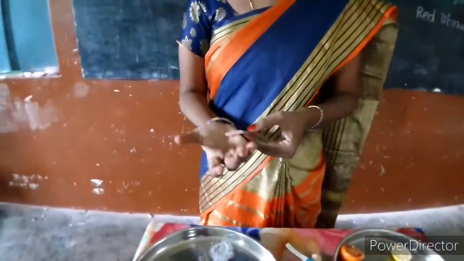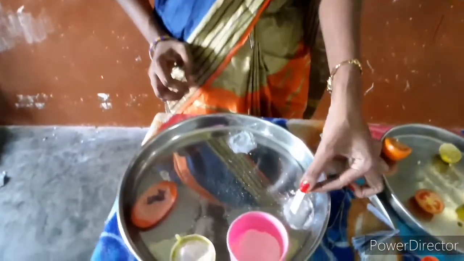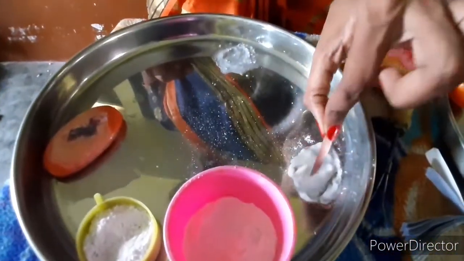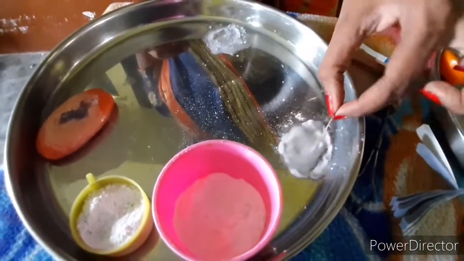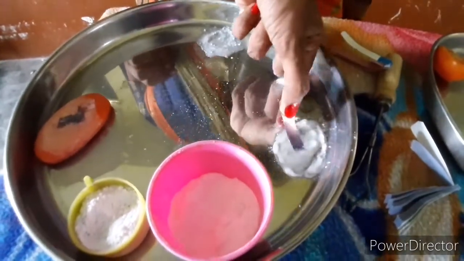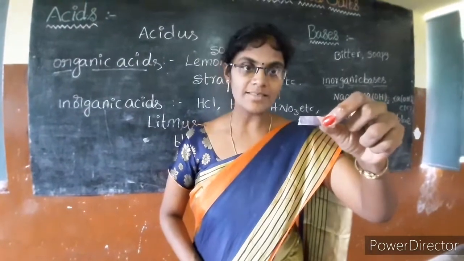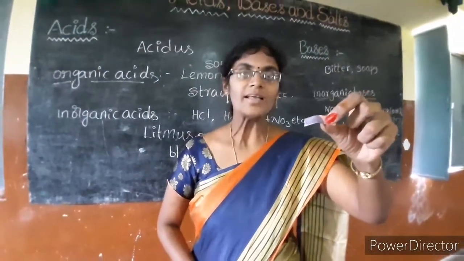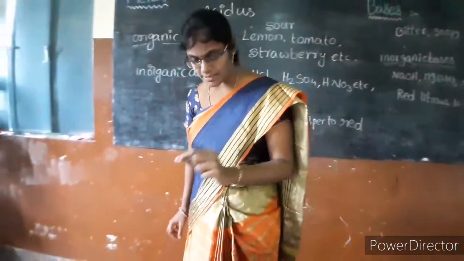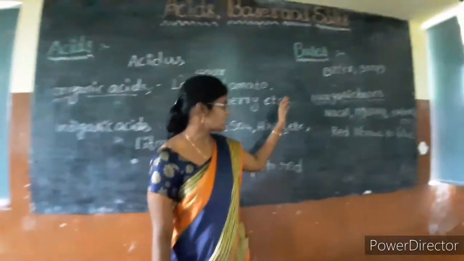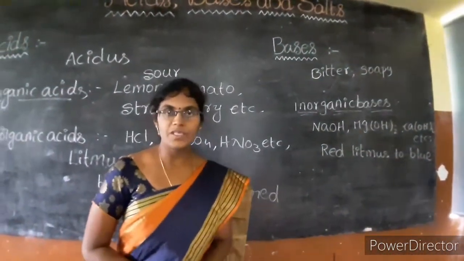Similarly, now look at the baking soda also. Look here how fast the surf and the baking soda change the color of the red litmus. So like this, the bases turn red litmus to blue.